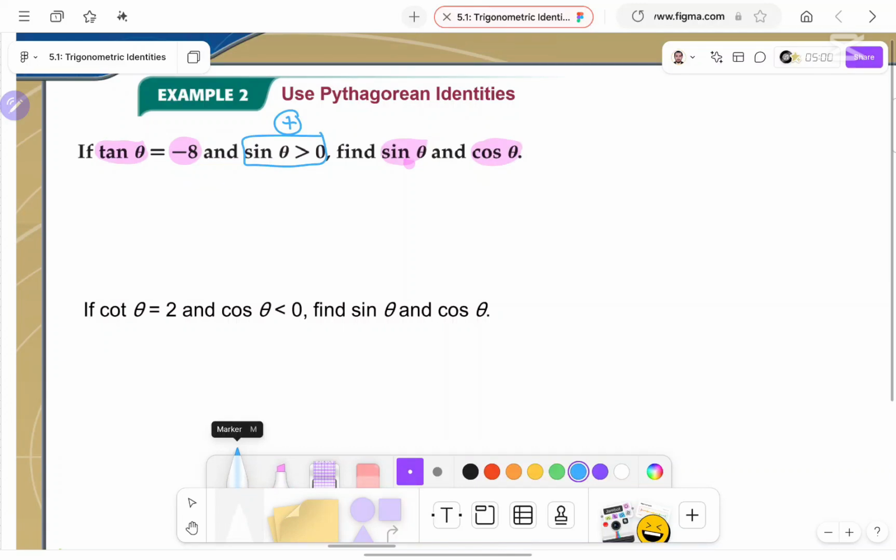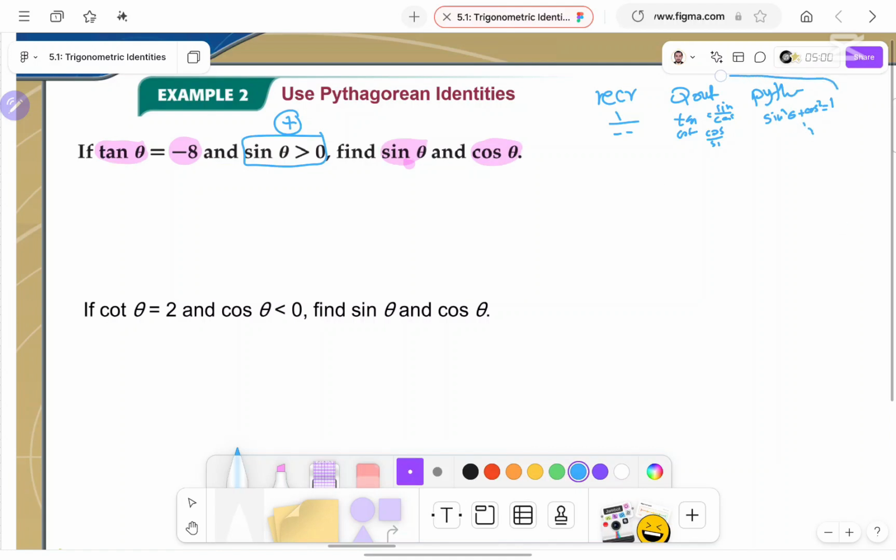Always, don't forget, we have reciprocal identities, quotient identities, and Pythagorean identities. Reciprocal is 1 over something. Quotient is tan, which equals sine over cosine, or cotangent, which is cosine over sine. And Pythagorean identity is what we studied now: sine squared plus cosine squared equals 1, or the other formulas.